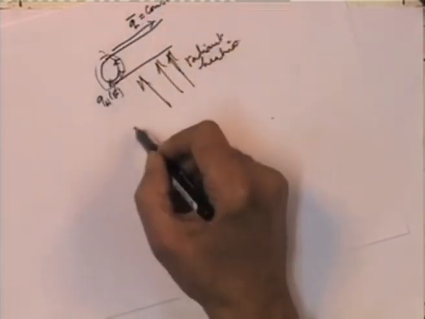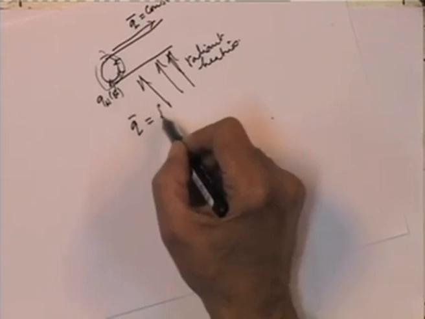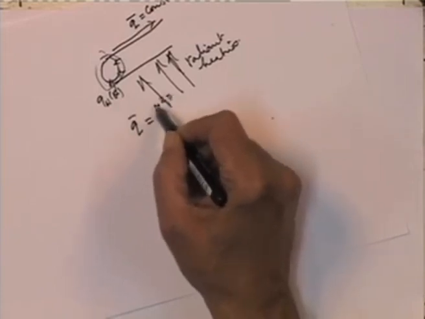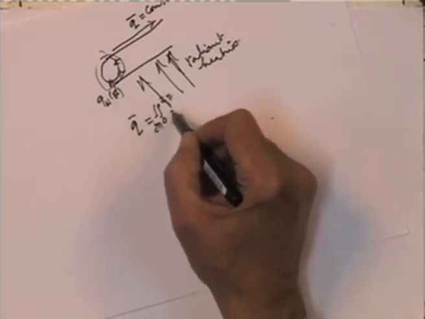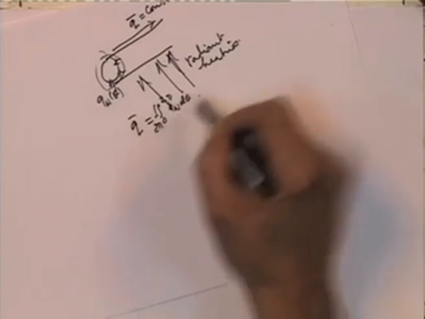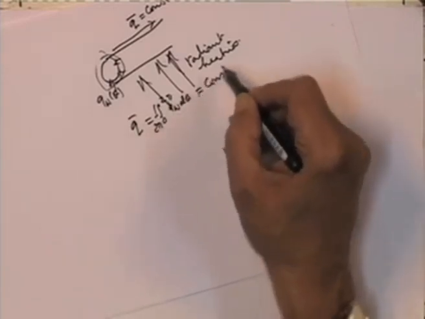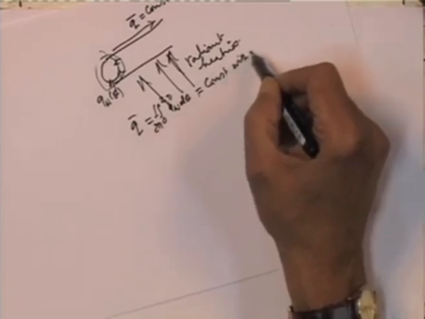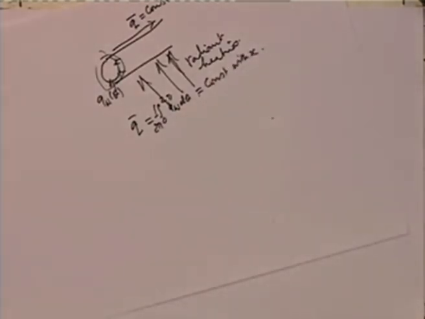At each cross section, Q bar will be simply the integral from 0 to 2 pi of 1 over 2 pi Q wall d theta, a constant with x. So, this is a case which will occur for radiant heating.